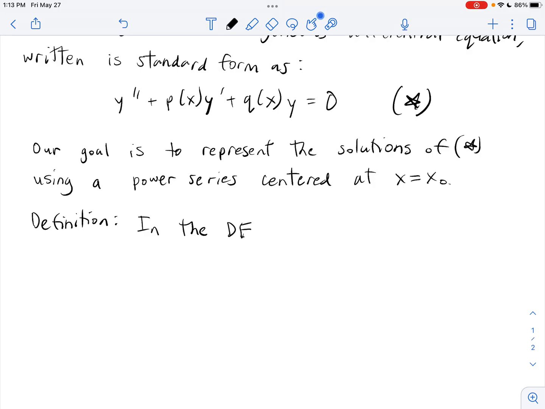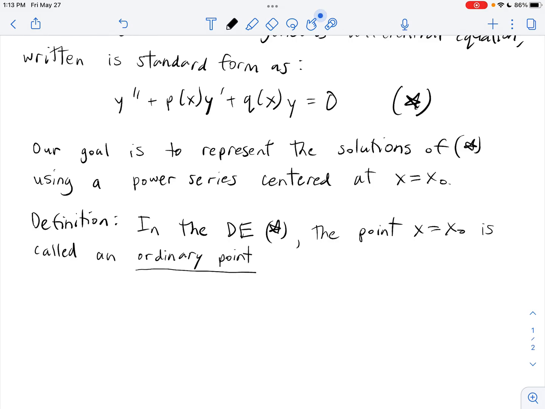In the differential equation star, the point x equals x naught is called an ordinary point if p of x and q of x are both analytic at x equals x naught.